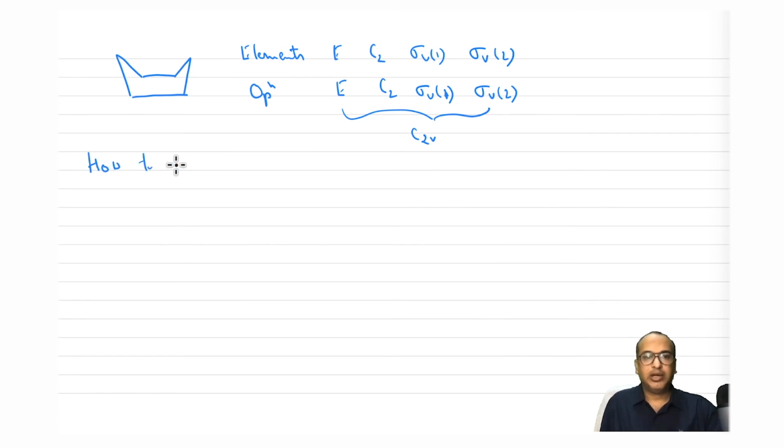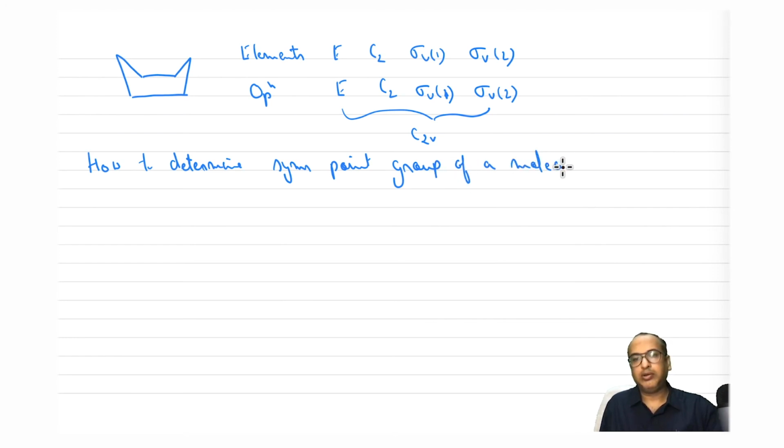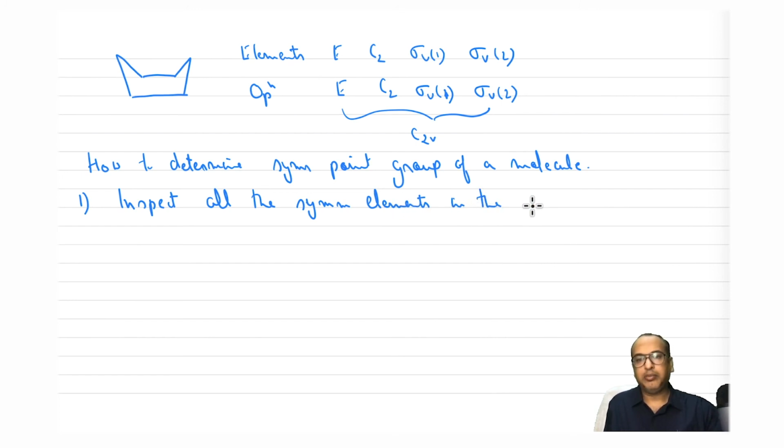We'll see how to determine the symmetry point group of a molecule. So first, inspect all the symmetry elements in the molecule.